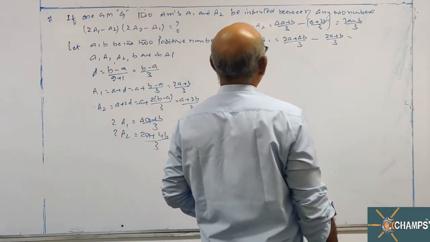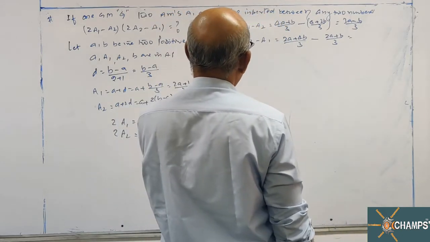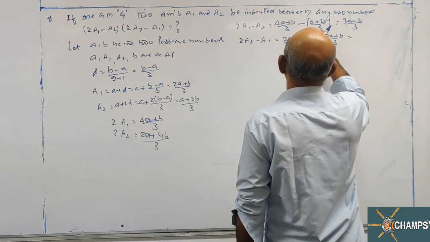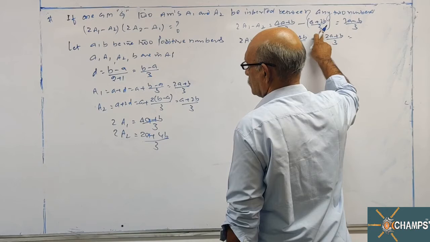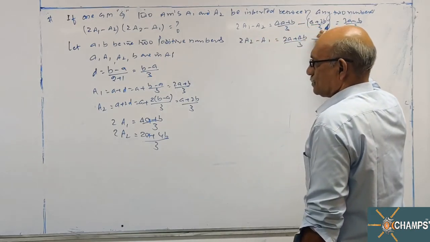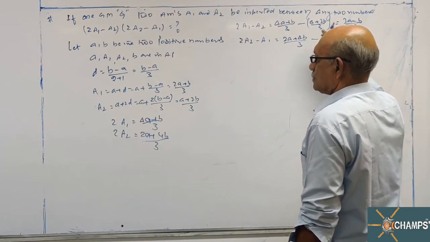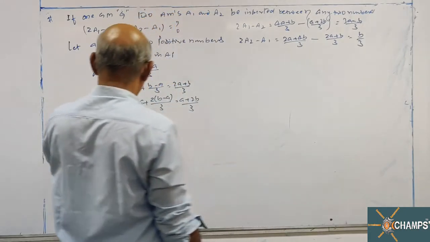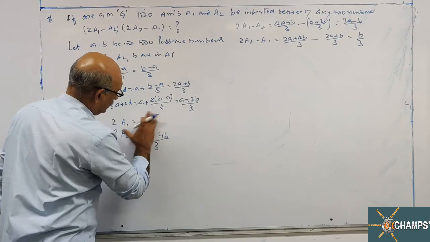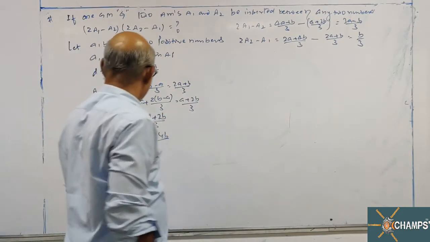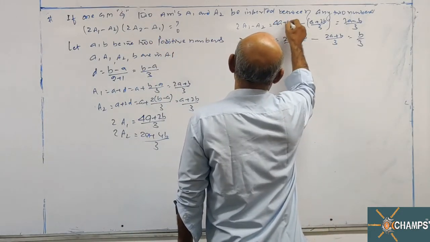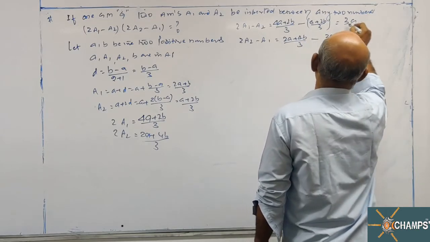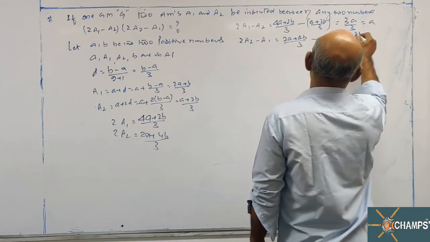Again denominators are same, numerators can be added. 4A minus 2A cancel, and 4B minus B is 3B, 3B by 3 is B.